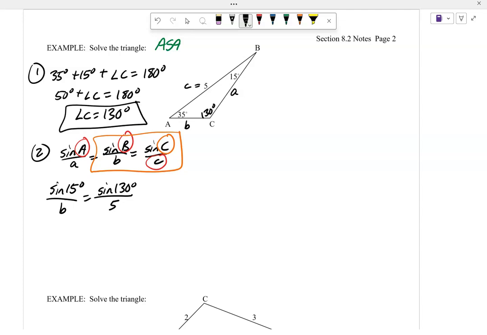Go ahead, cross multiply, so I got 5 times the sine of 15 degrees equals B sine of 130, divide both sides by sine of 130. And so B equals, let me punch that in, 5 times sine of 15 over sine of 130. 1.6893234, so about, I'll round this, 1.69.